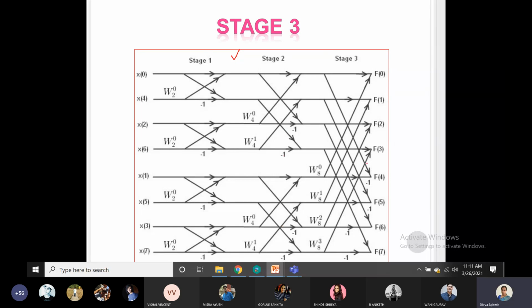Then coming to the last stage, what is the twiddle factor here? One will be W8 raised to 0 because n has now changed to 8 in the third stage. Now W8 raised to 1, then W8 raised to 2, then W8 raised to 3.